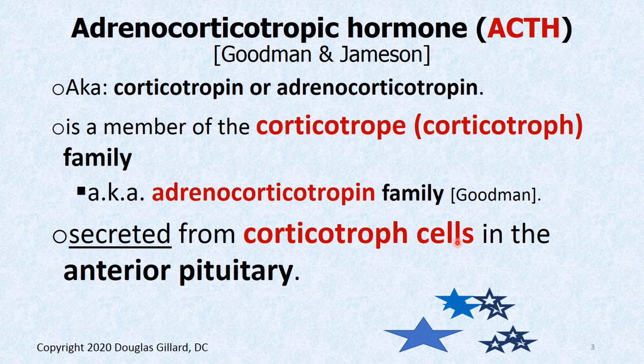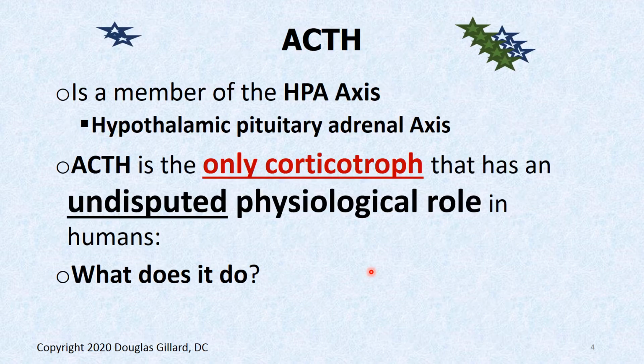Corticotroph cells, or sometimes they say corticotrope cells, which live in the anterior pituitary, one of 5 cell types of the anterior pituitary. It is a member of the HPA axis, the hypothalamic pituitary adrenal axis. It's also a member of the HP axis, the hypothalamic axis.